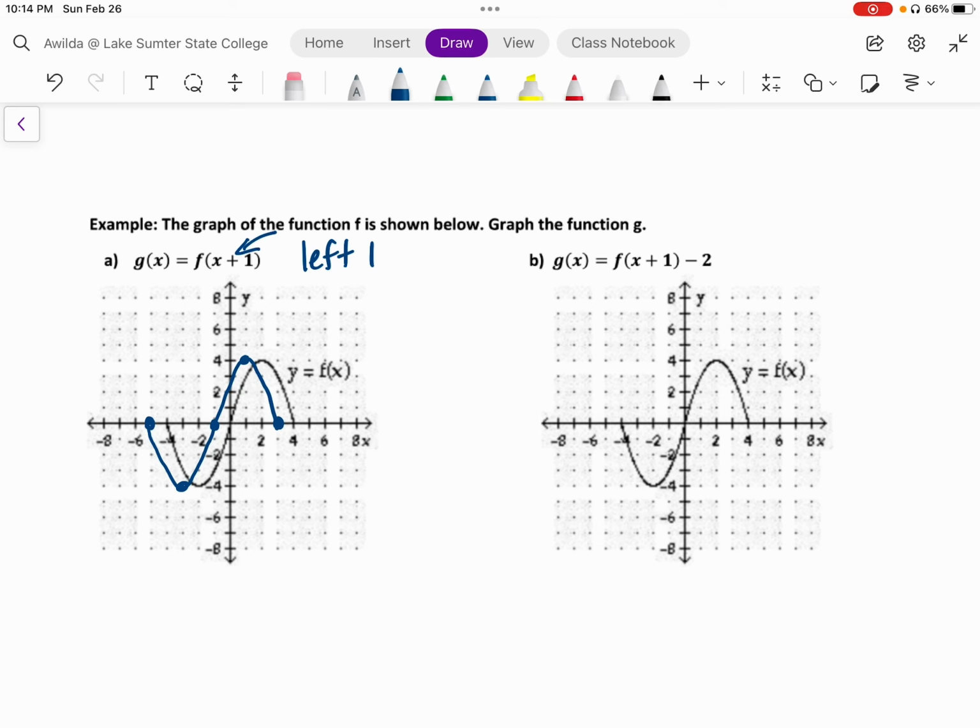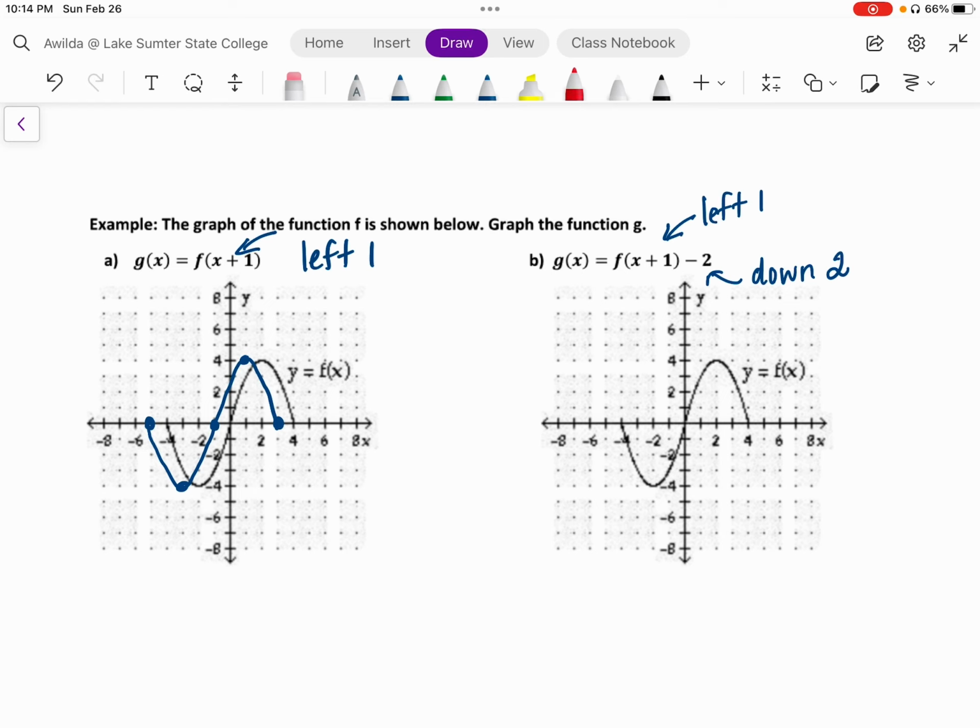In the last graph, we have the same f function, but we have 2 transformations. The first one we've already taken care of. That's going to move the graph left 1 unit. The next is going to be a vertical translation because we're subtracting 2 from the entire function. That's going to bring the graph 2 units down. So I'm going to go back to the first graph because I already have the intermediate step in blue.